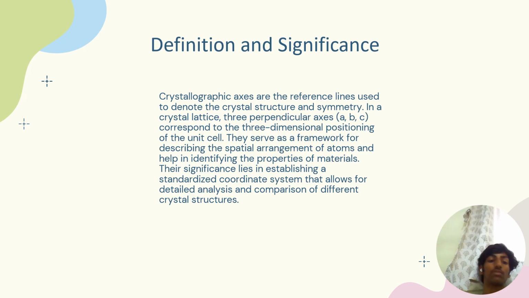They also allow for standardization, comparing and categorizing crystals across different materials. Understanding these axes is important for interpreting crystal systems, analyzing diffraction patterns, and predicting the directional behavior of materials under stress or temperature changes.